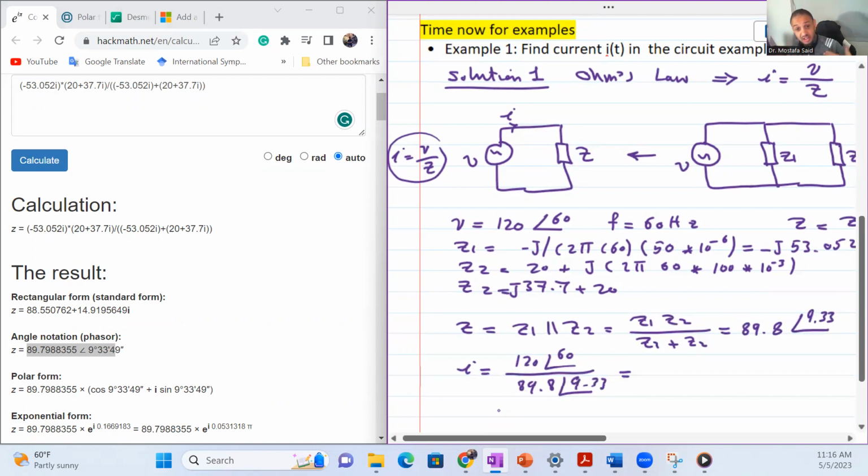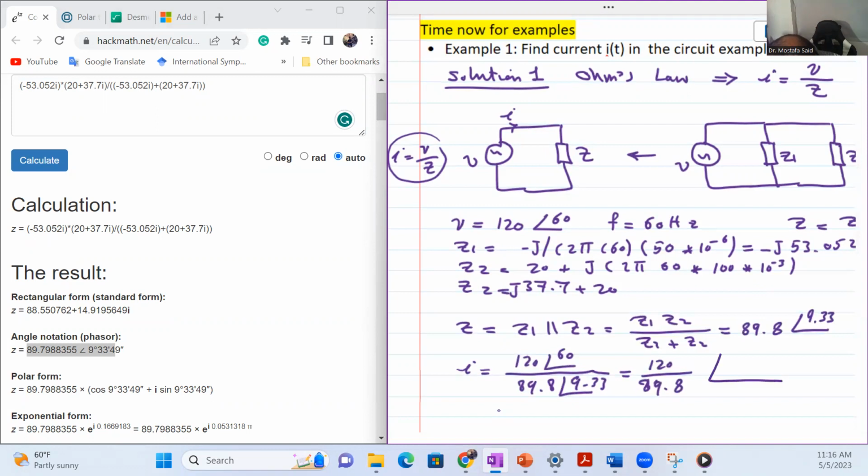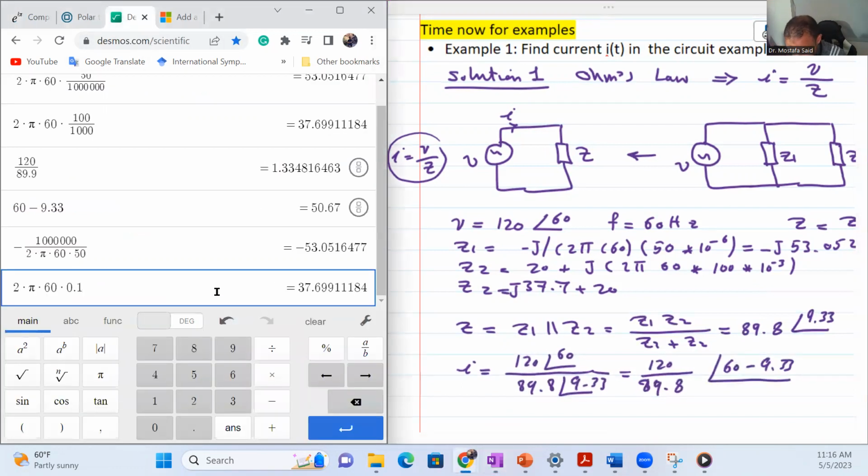89.8 angle 9.33. And we learned last time, when you divide polar forms, you just divide the amplitudes, so 120 over 89.8, and you subtract the angles, the shifts. So 60 minus 9.3. We go back to our Desmos calculator here.